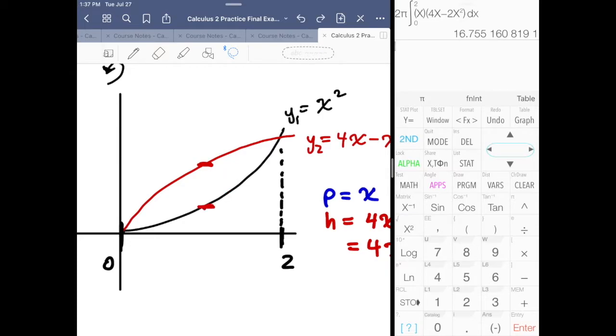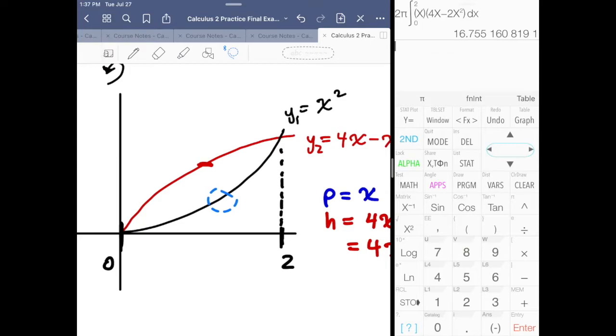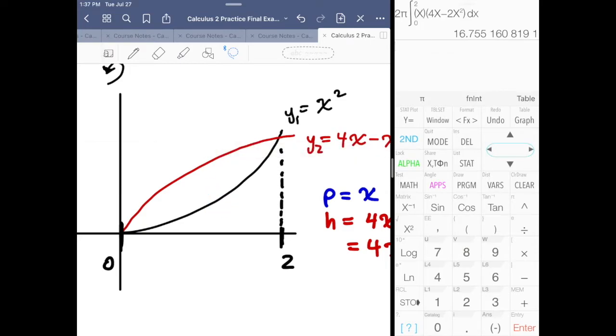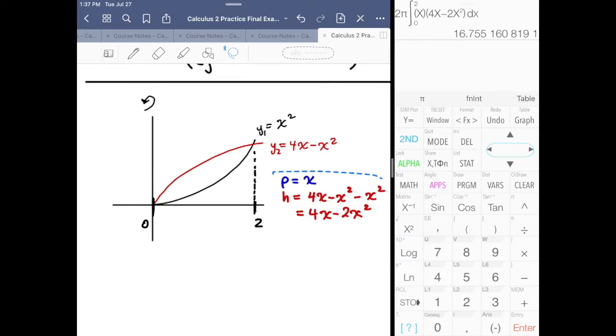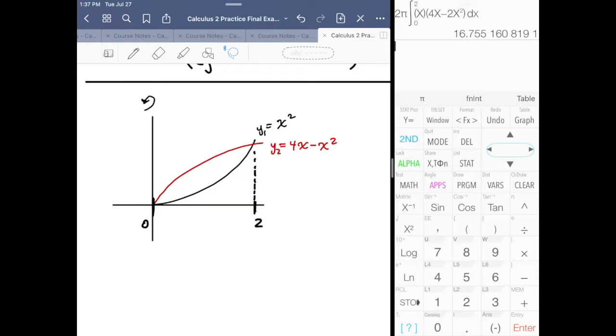Okay, so we don't need the p and h and stuff like that. Now we do know that this intersects at 4 in terms of y.